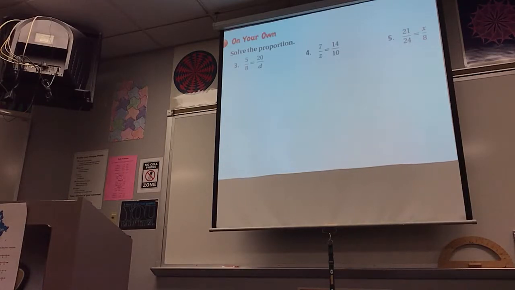Make sure you're showing that division step or that multiplication step. You have to show the division or multiplication. Show work. Our show work step would be to do the multiplication.